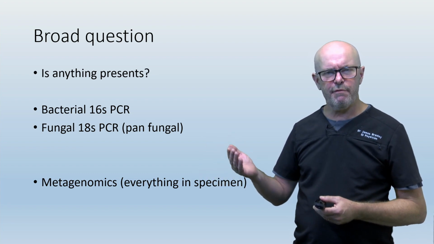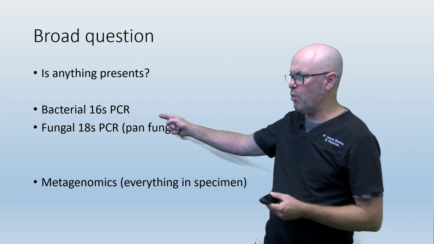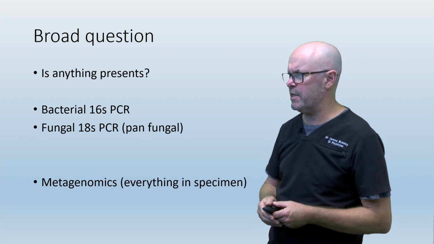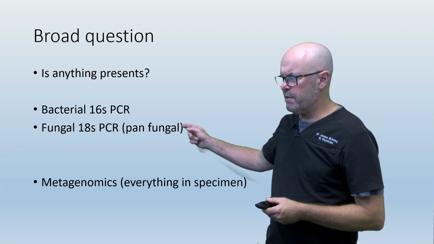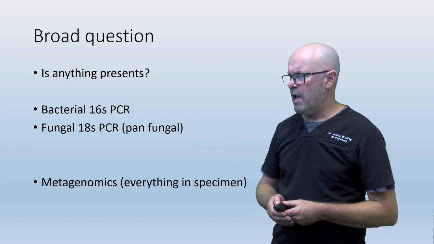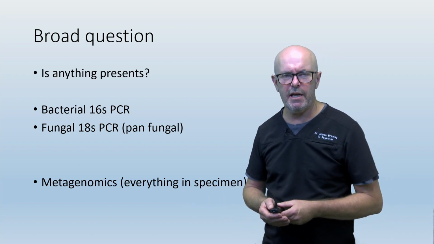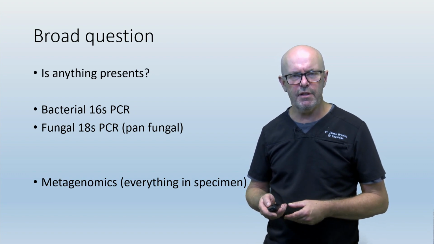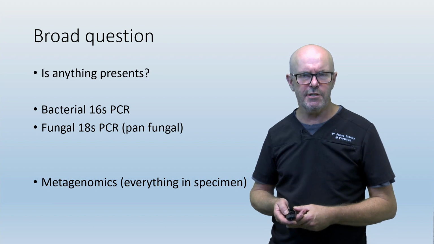And we do have in-house PCRs which are structured around looking for the bacterial 16S PCR, which is a conserved sequence in bacteria, or the 18S PCR in fungi, which is a conserved sequence in fungi. And then we can move on to talking a little bit about metagenomics, where everything in the specimen is amplified, and then there's a bioinformatics exercise of putting together large amounts of data.